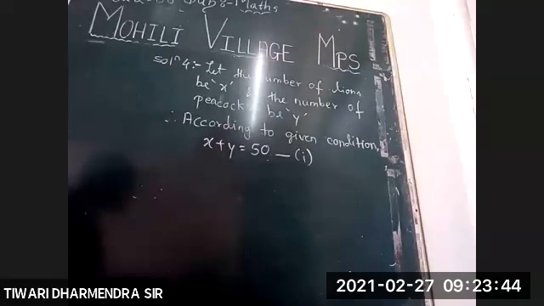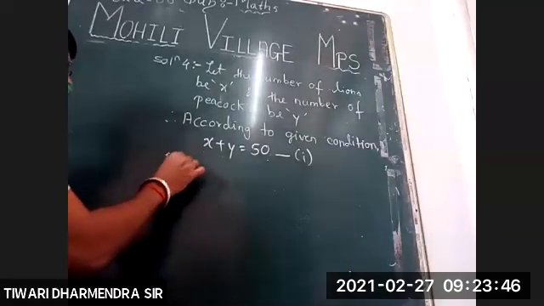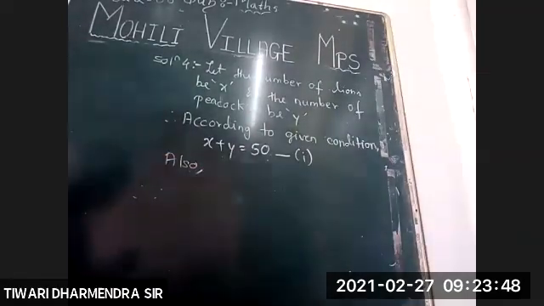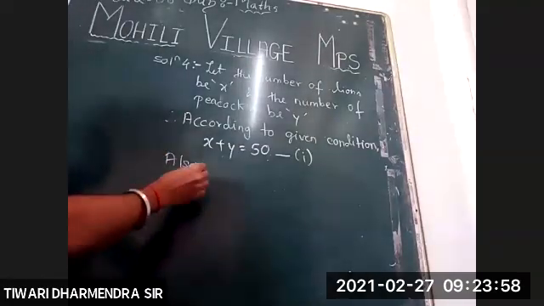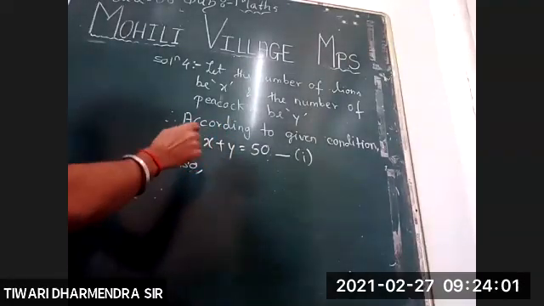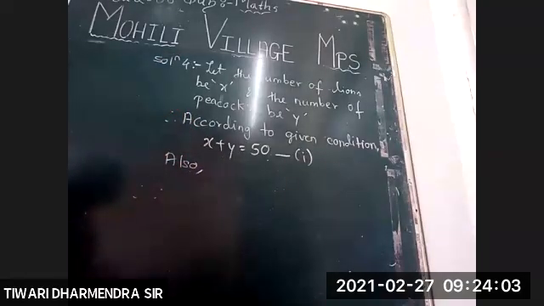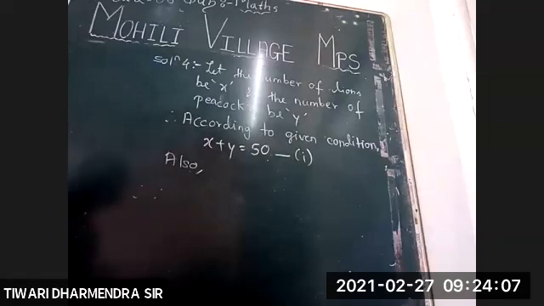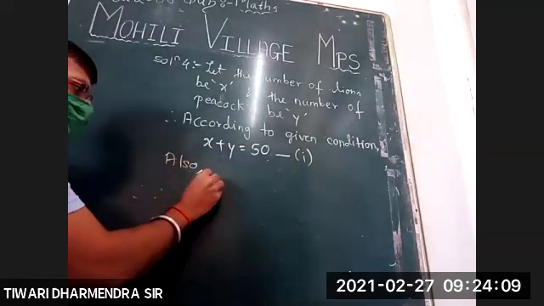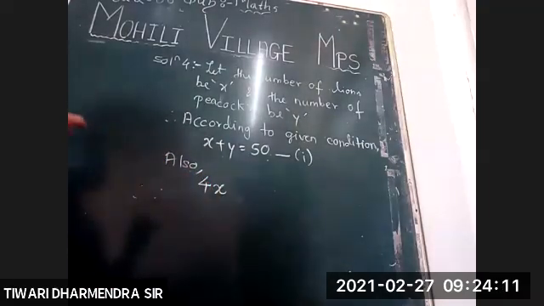Also, according to the second condition, the total number of legs is 140. We know that the number of legs a lion has is 4, so X will take the form of 4X.